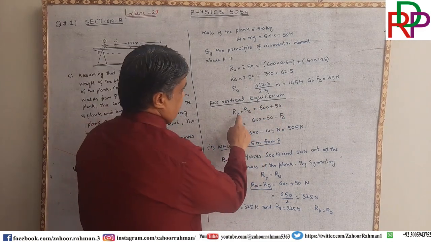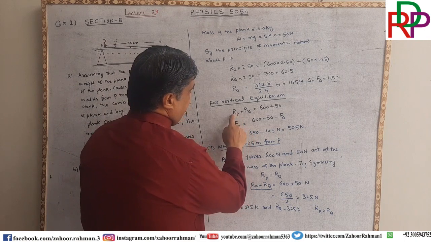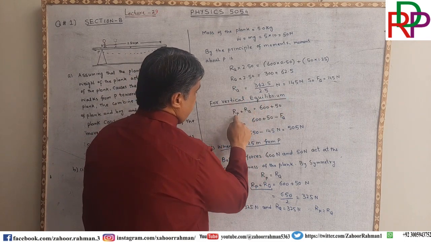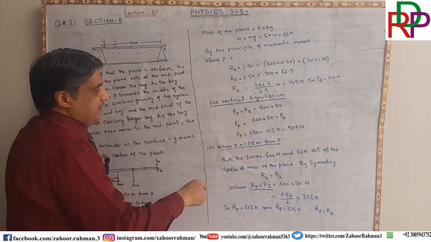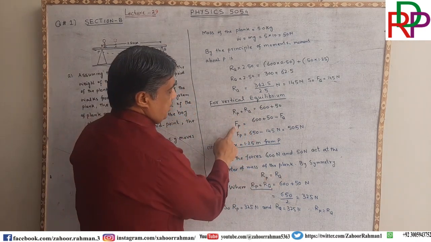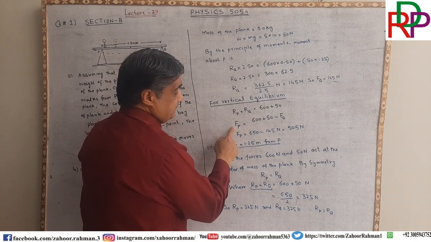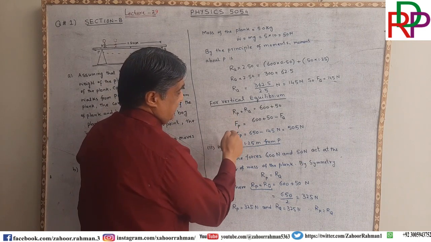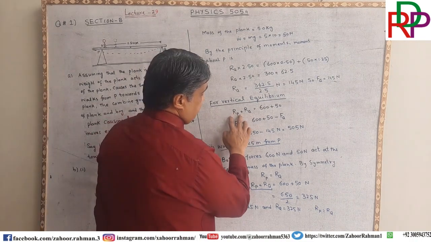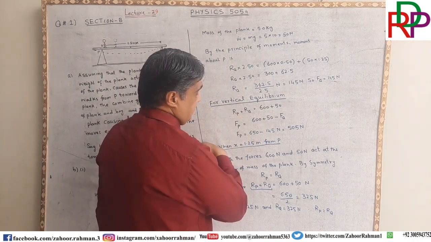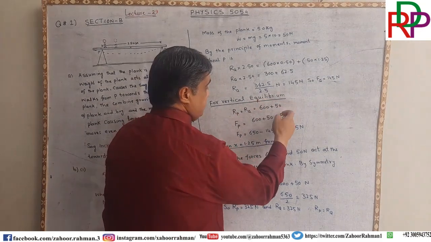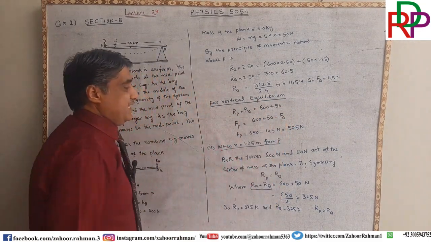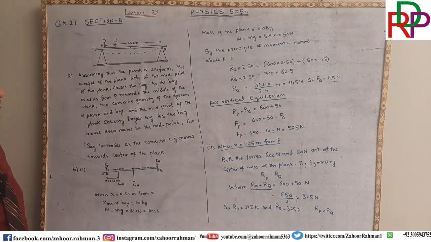Because we are finding RP, we found RQ. Now RP is equal to the force at P. So we have to leave RP on the left side, and transfer RQ, so I directly wrote here minus FQ.